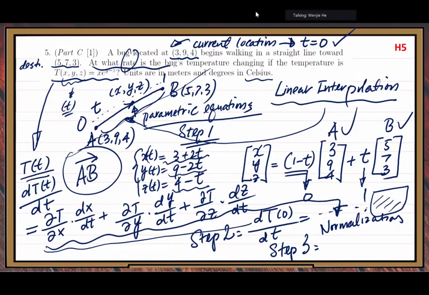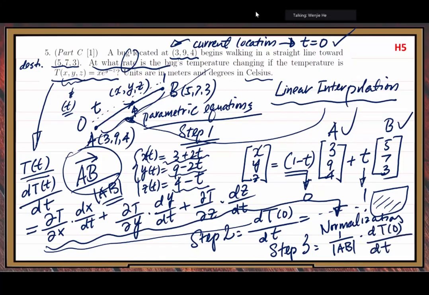In this normalization step, you divide by the length of AB. In that way it becomes a unit vector. So whatever the length of the AB vector is, at the end you always divide by it. That's why in step 3, the last step, you divide by the length of the AB vector times dT at 0.